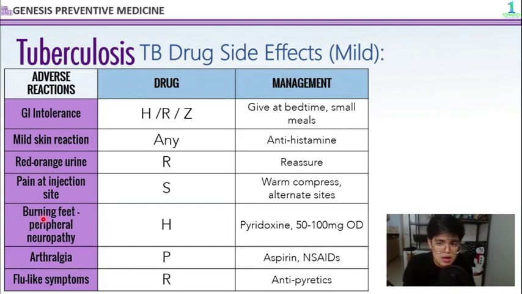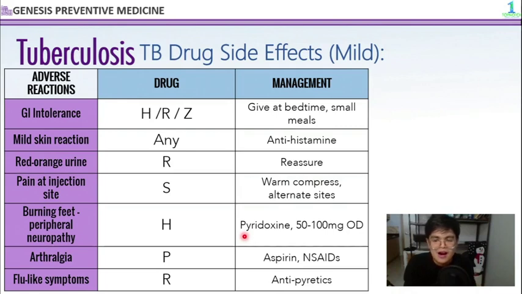So at least for burning feet or peripheral neuropathy, when a patient has this symptom, they can be given additional pyridoxine to counteract isoniazid inhibiting the enzyme glutamic acid decarboxylase. Pyridoxine can stimulate normal metabolism of the glutamic acid to become GABA.